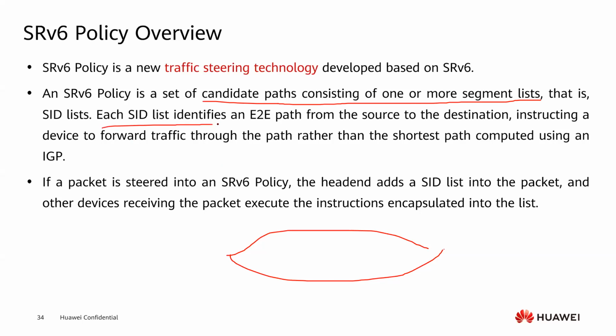Each SID list indicates an end-to-end path. If the packet is steered into an SRv6 policy, the head end will add the SID list into the packet, and other devices receiving the packet execute the instructions encapsulated in the list.